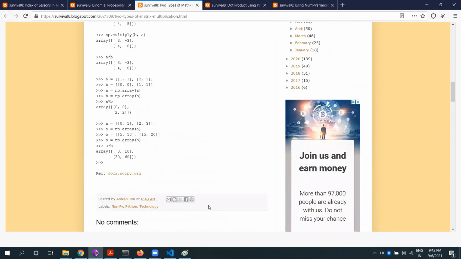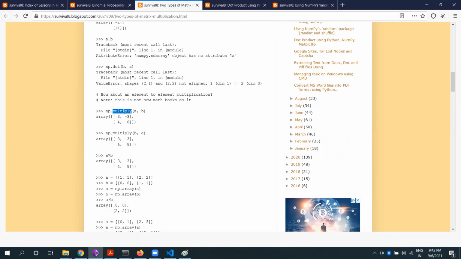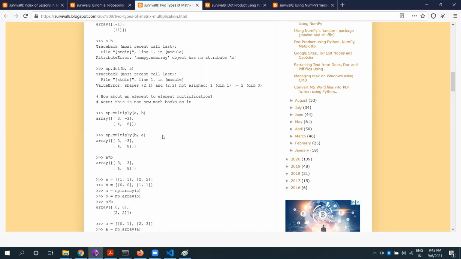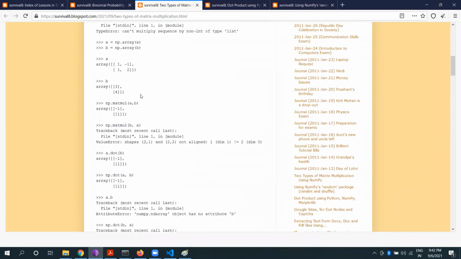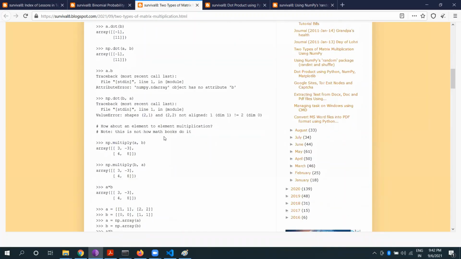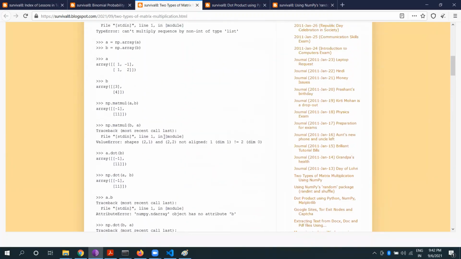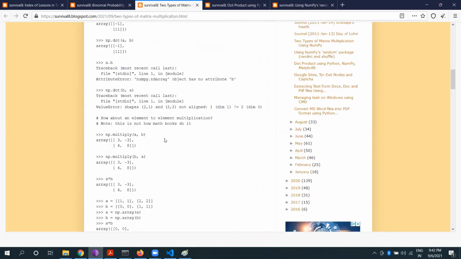Matmul, yes, correct. And then there is one more, np dot multiply. What is happening if we have a dot b, right? What's the difference between matmul and multiply? Matmul is matrix multiplication.